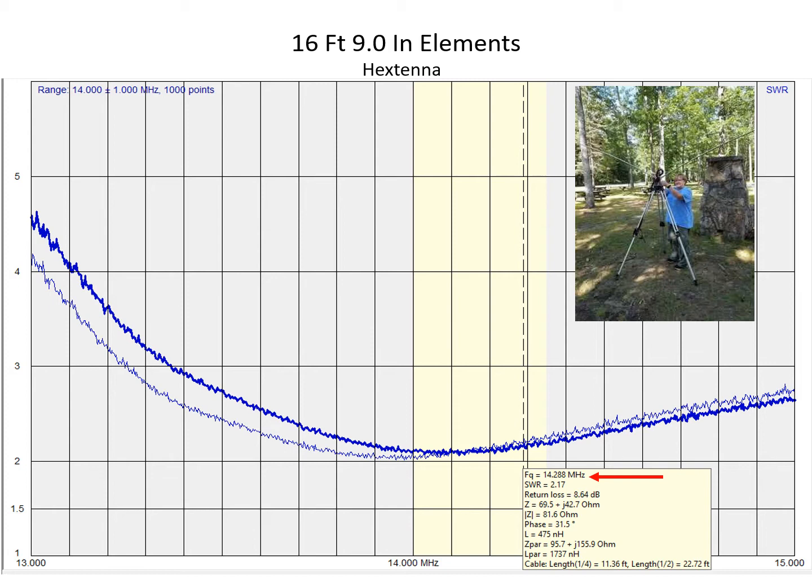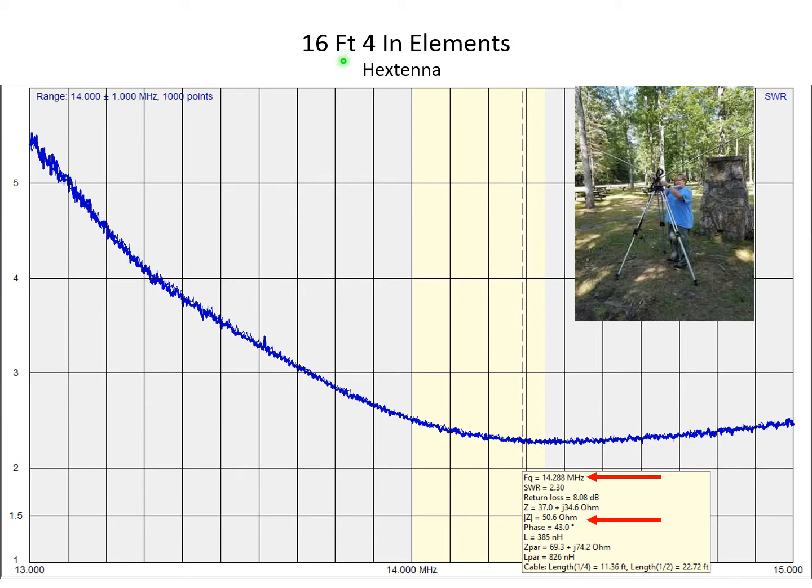So what we did is we adjusted the length of the elements to 16 feet 9 inches, shortened it a little bit, and ran the antenna analyzer. And you see we shifted the resonant frequency to the right a little bit, a higher frequency by making it shorter, but we're still short of the 14.288 megahertz.